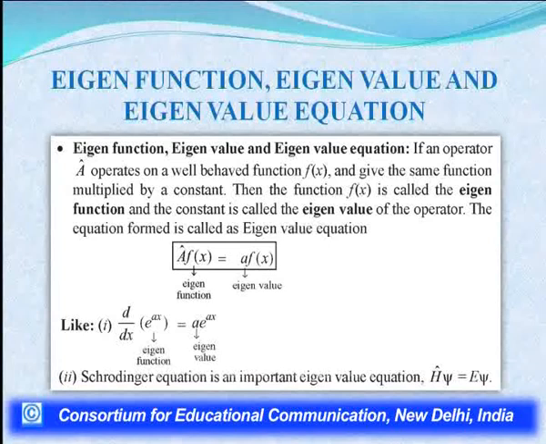You can see, suppose we have this A operator, it is operating on f(x), we are getting a constant multiplied, and the function again we are getting the same wave function back. Like you can see an example, suppose we have d by dx and the function is e to the power of ax, and by differentiating e to the power of ax, we again get a multiplied by e to the power of ax.